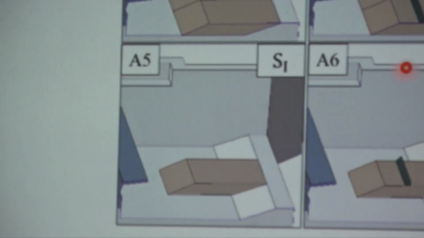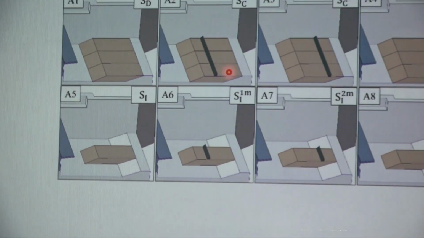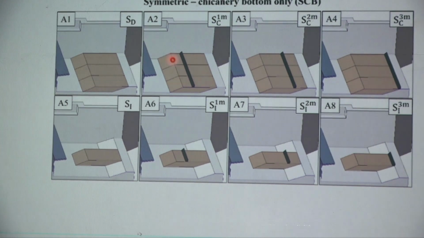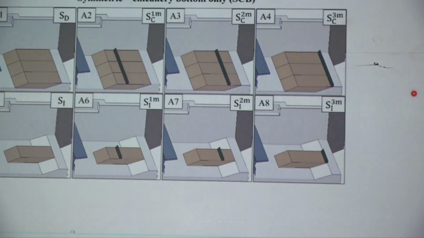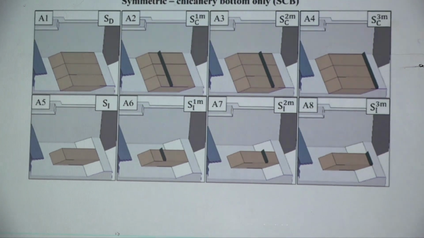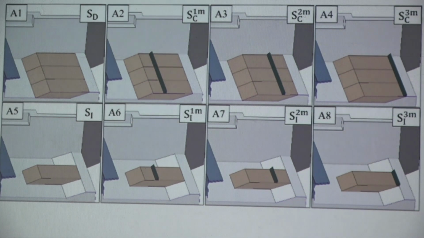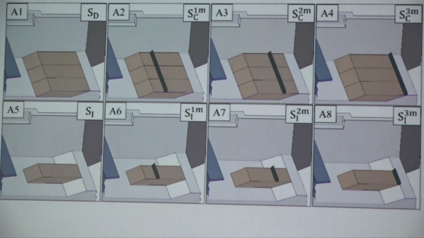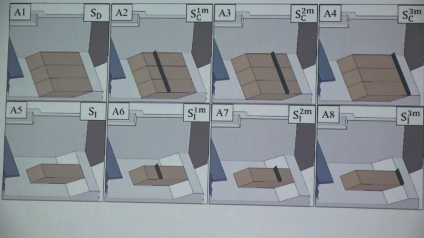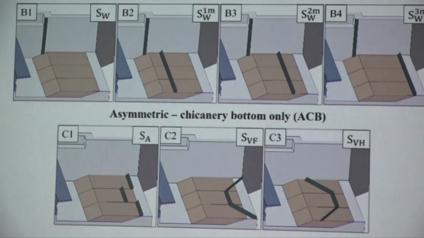So for instance, we installed the chicanery at 1 meter, measured by this edge here on the inlay, at 2 meters and 3 meters. We additionally tested configurations where we removed sections on the left and the right side of the inlay module, focusing only on the central inlay section, and installed the chicanery again at 1, 2, and 3 meters.